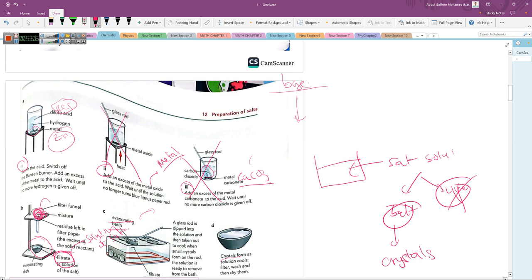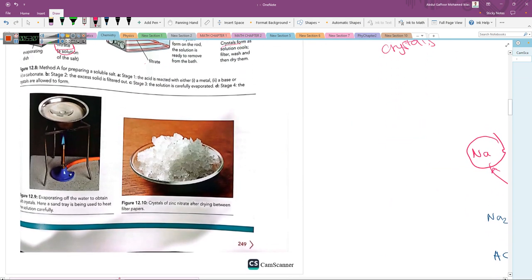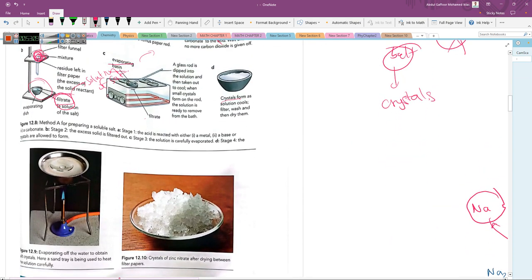Okay, so this is the procedure, and this is the water bath, right? The advantage of using a water bath is to heat evenly, and also for safety precautions. Sometimes the substances might directly react with fire, so for safety purposes and to heat evenly, we will use this water bath, right?